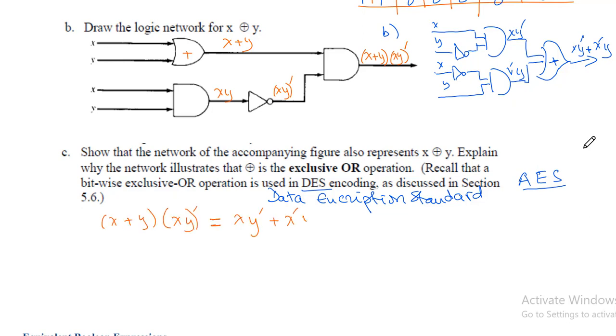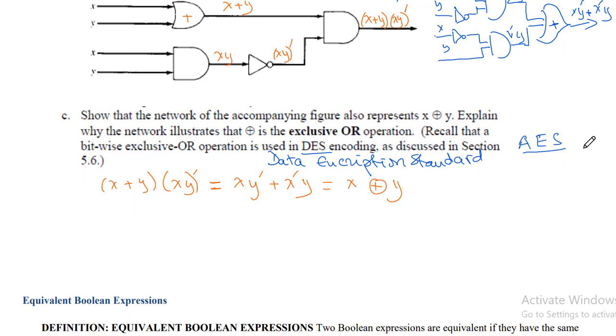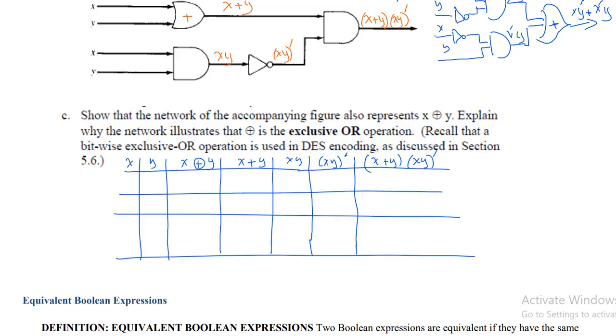Because they both represent x exclusive OR y. We could use a truth table to prove these two are equivalent, or we could use propositional logic to show that. Please stop the video and try this yourself.